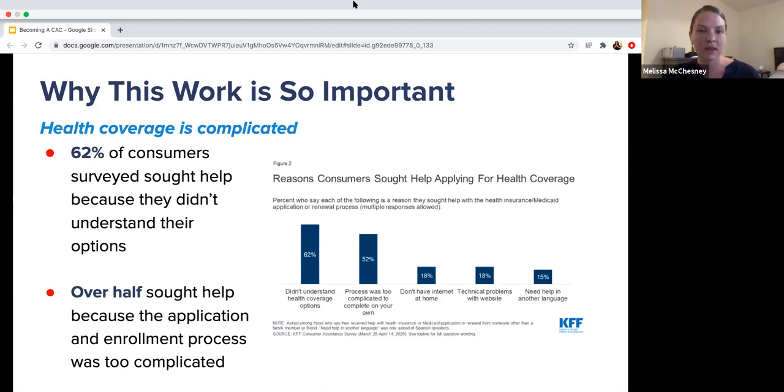There's something we like to refer to as the family glitch. What can happen is that a husband or wife gets insurance through an employer, and they have the ability to enroll their spouse in that employer plan. But often you have to pay full price, or a very, very high premium, to enroll your spouse.